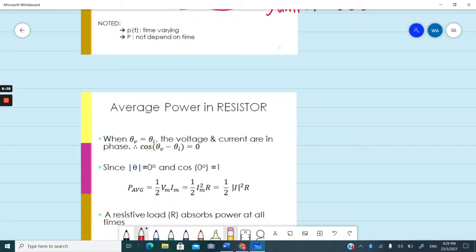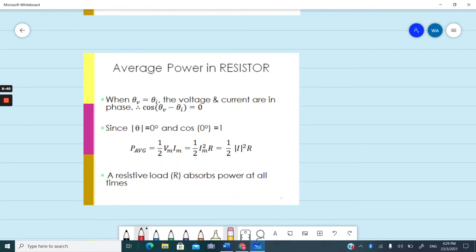Alright. When we deal with circuit analysis, we have the elements of resistor, inductor, and capacitor in the circuit.